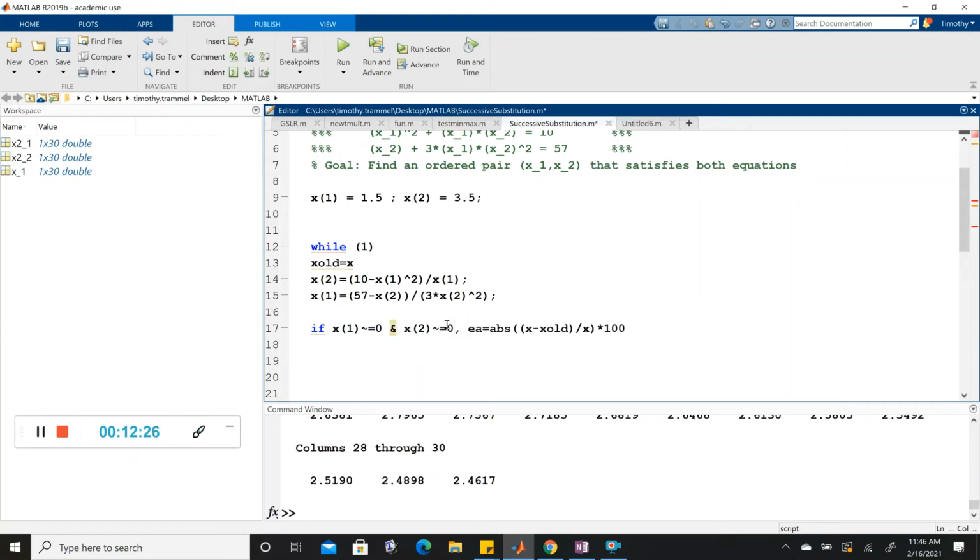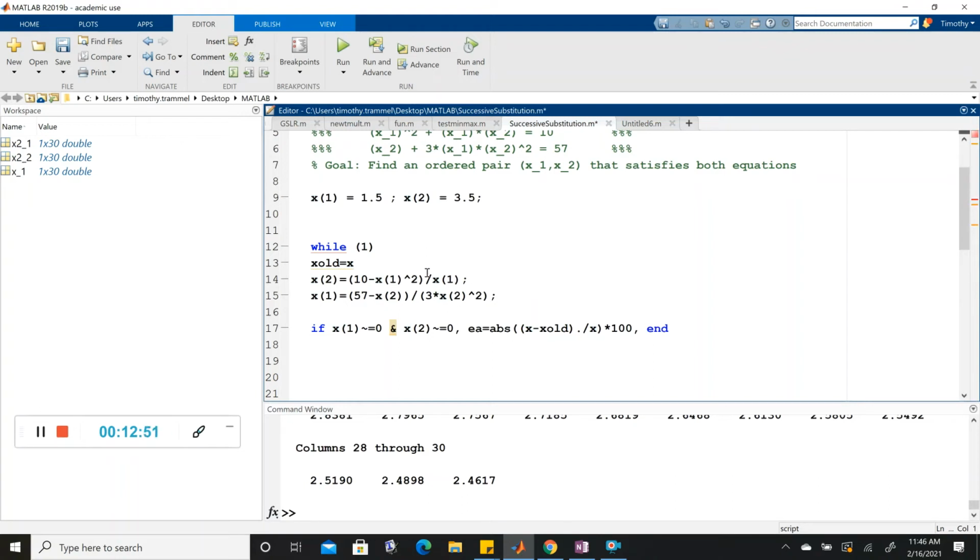So if both of those are not 0, we'll go in here and compute the relative error. But keep in mind, x is a vector here, so I need to vectorize this. I need the dot here. All right, let's see what else. Let's go ahead and end that.